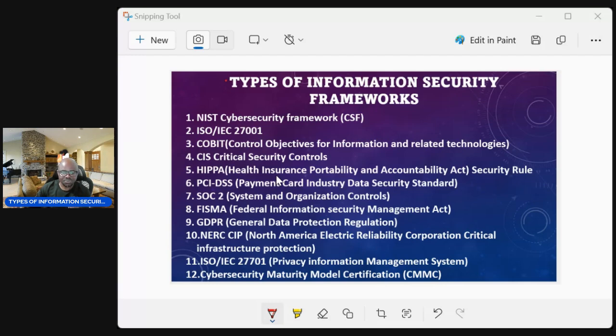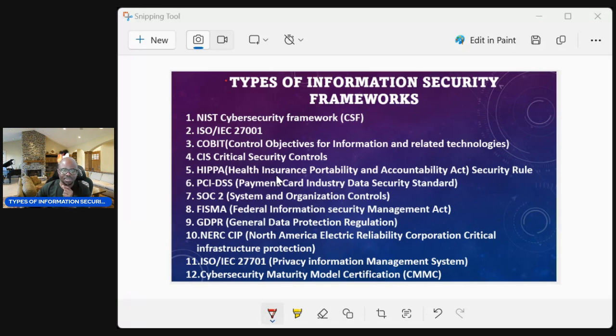And the focus of this PCI-DSS framework is protecting cardholders' data. I would say cardholders, that is your credit card, your debit card, all that information on your credit and debit card. The focus is on protecting them. That is the focus of this PCI-DSS framework.